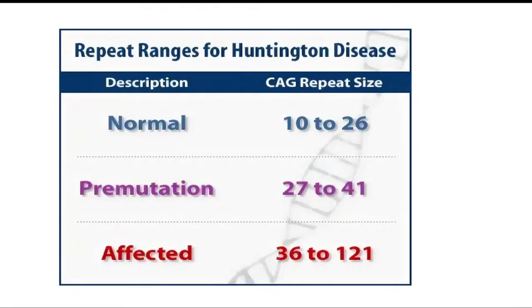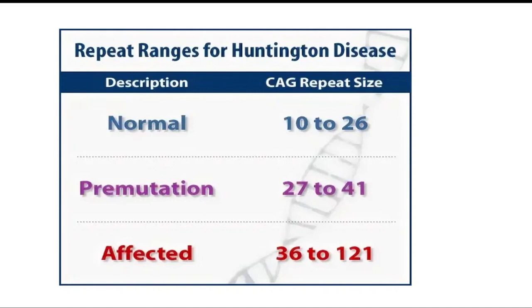So, in affected people, the number of repeats increases from 36 till 121, and the normal number of repeats is from 10 till 26. The premutation stage is from 27 to 41 repeats.